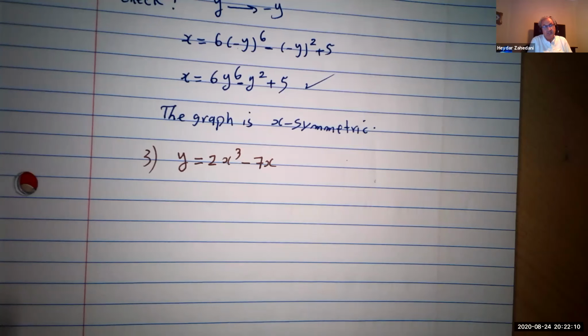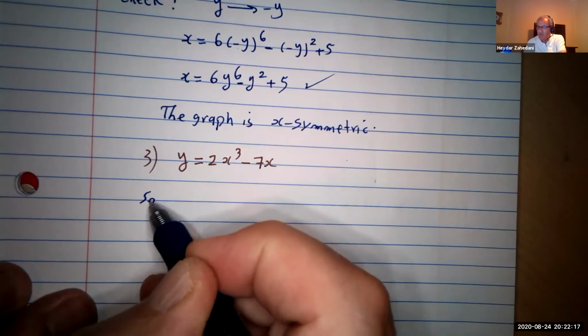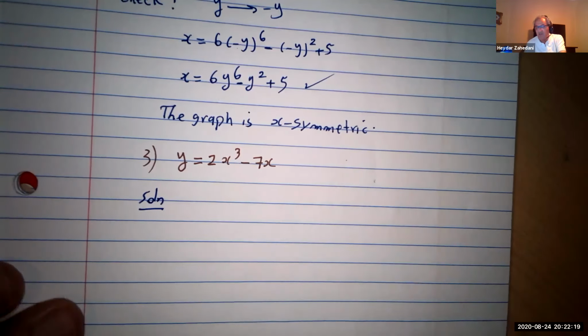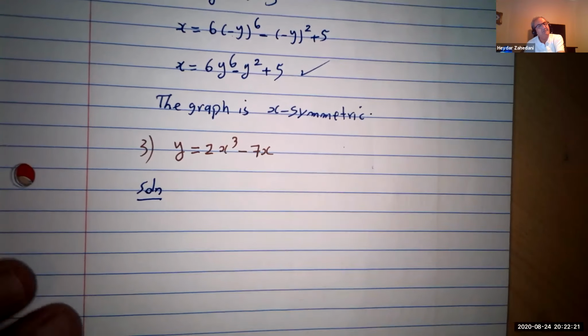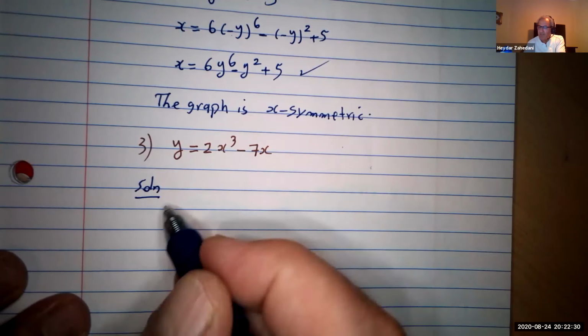We can see it. So we check the third one. You can write it down, but you don't need it. You just check the third part.